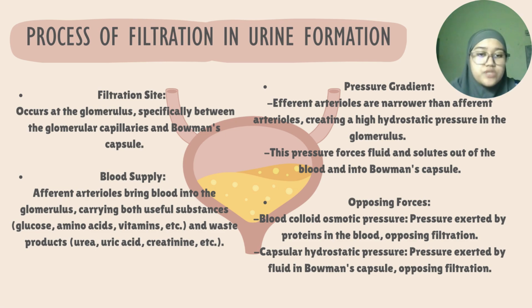Next is opposing forces. Blood colloid osmotic pressure is pressure exerted by proteins in the blood opposing filtration, while capsular hydrostatic pressure is pressure exerted by fluid in Bowman's capsule opposing filtration.